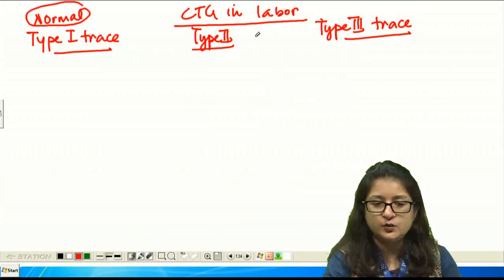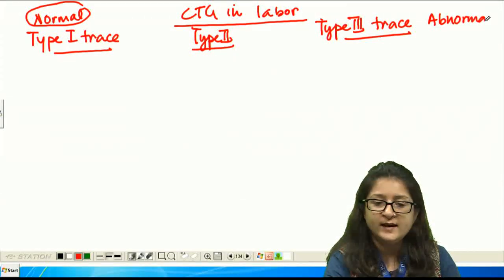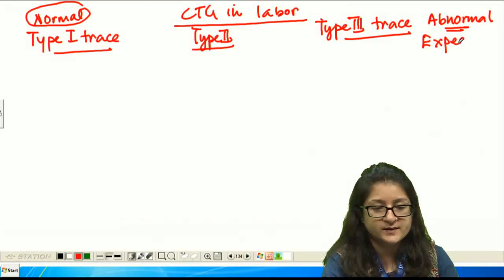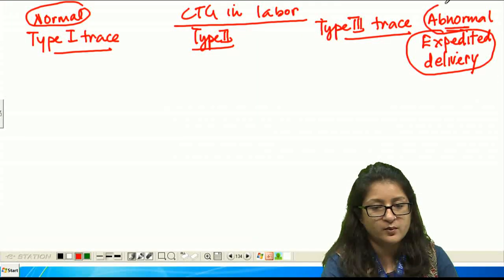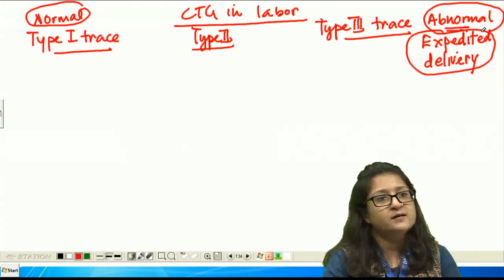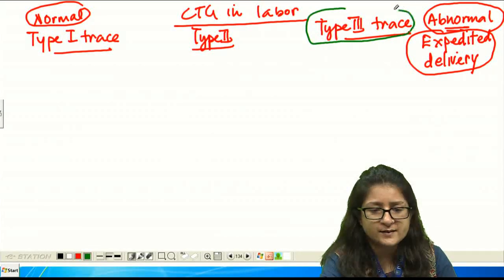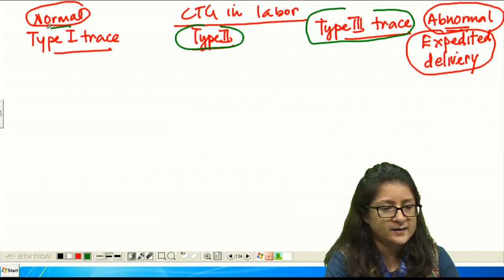Type 2 is something in between, and type 3 is absolutely abnormal, and whenever there is a type 3 trace, delivery should be expedited, whether by cesarean section or by instrumentation, depending upon the PE findings and the other characteristics for instrumentation.